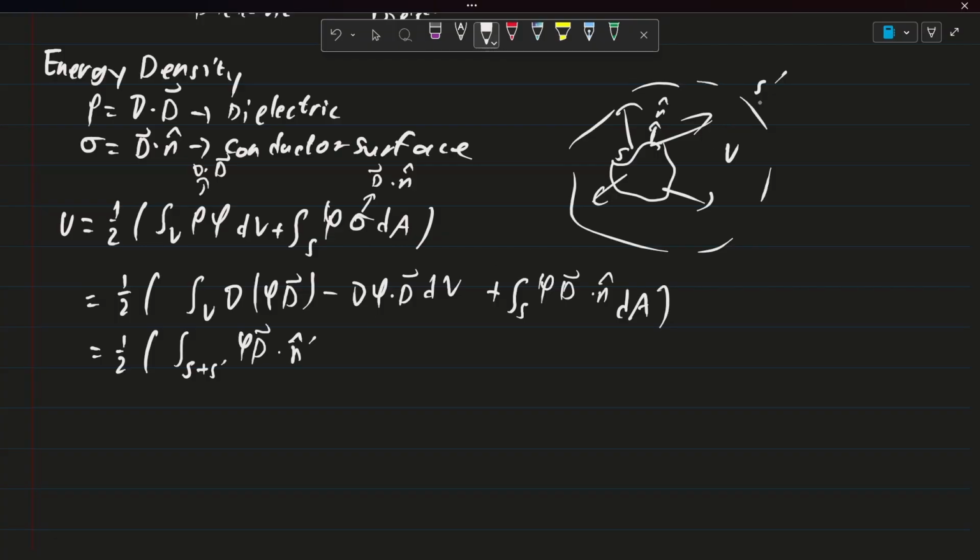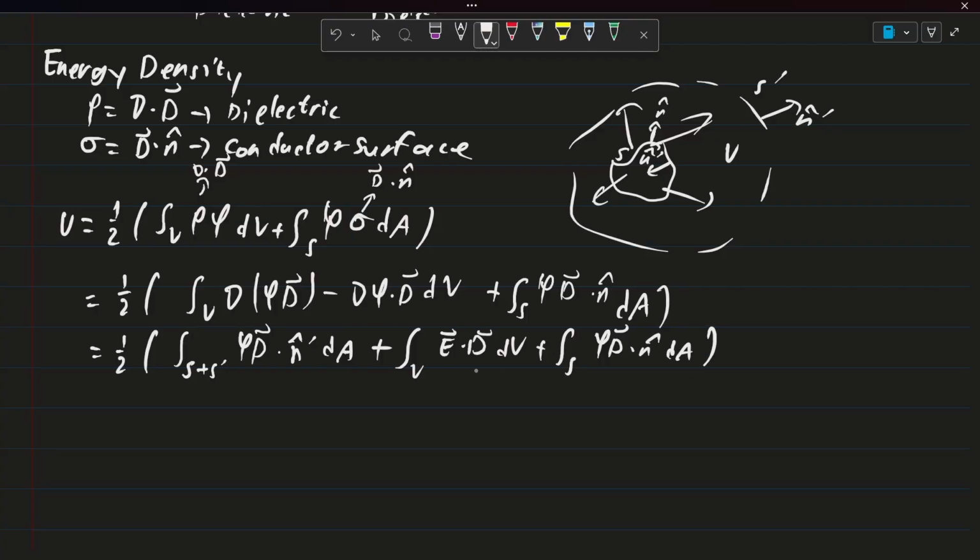N hat prime is the one for the surface here, and going inside is also n hat prime dA minus the integral of the volume, well, plus of the E vector dot D vector. You could see why, because negative gradient phi is E vector, dV plus the integral of the surface of phi D vector dot n hat dA, like so.